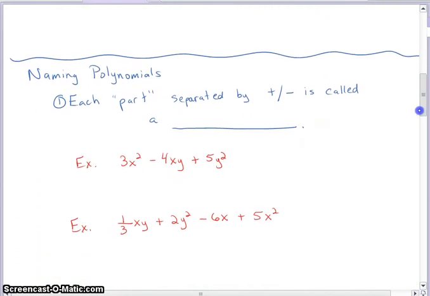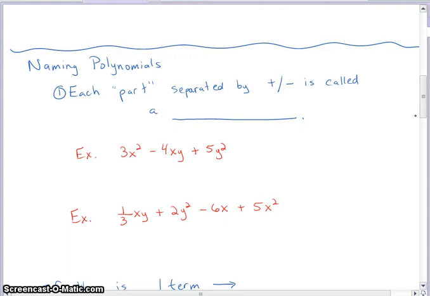Naming polynomials. I can name polynomials based on how many parts they have, and each part that's separated by a plus or minus, so adding or subtracting, is called a term. So for example, here I have 1 term, 2 terms, 3 terms, because it's separated by pluses and minuses.